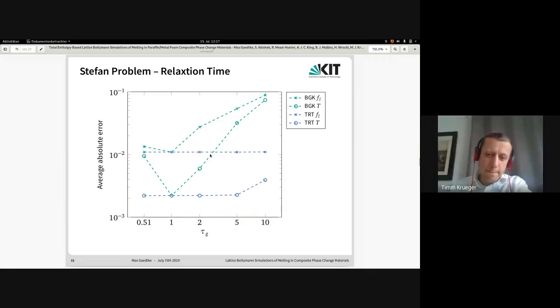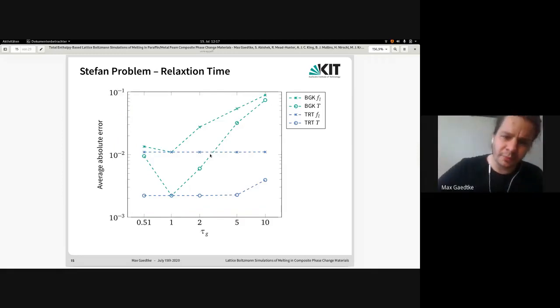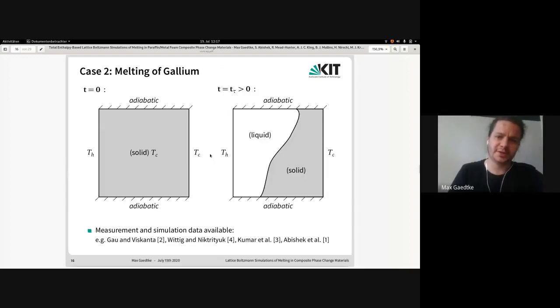We looked at the relaxation time that we can change, and for BGK, we see a massive dependence of the error, for both liquid fraction and temperature, on the value of tau. And for our TRT scheme, that is much reduced, and therefore we use the TRT scheme in the following examples.